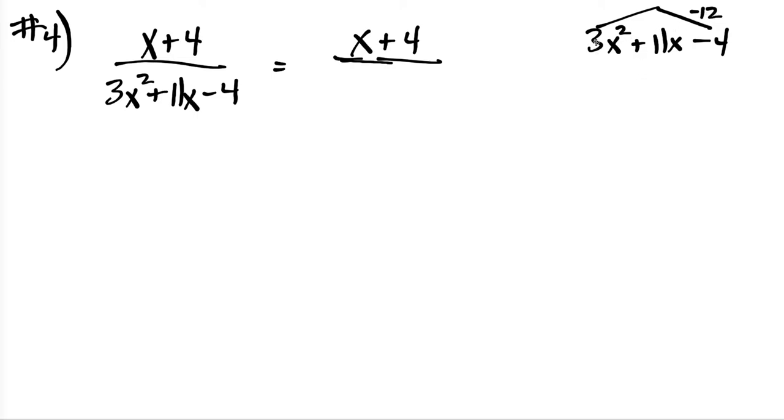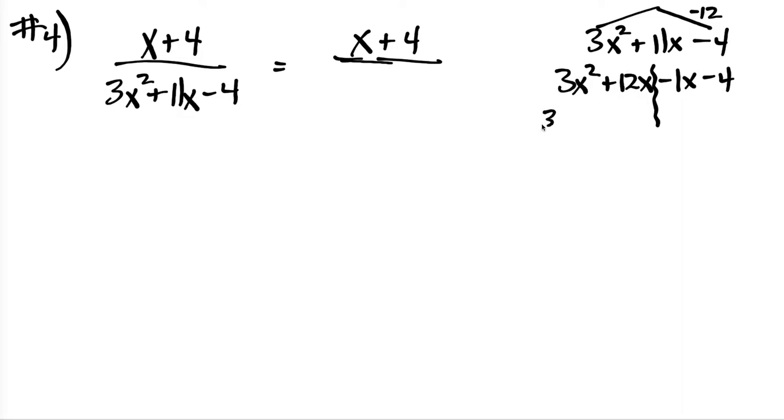But when there's a number in the front, you can't just immediately write them in parentheses. So what you're going to do is take those two numbers you figured out and put them in place of 11. So you're going to do plus 12x minus 1x. And then in this instance, you split it in half.